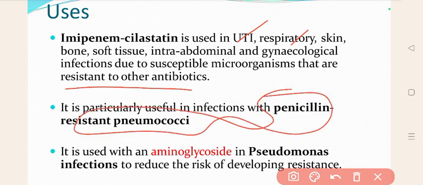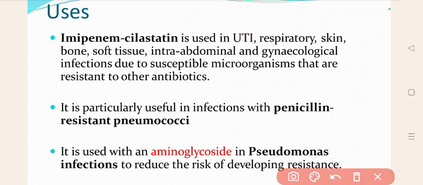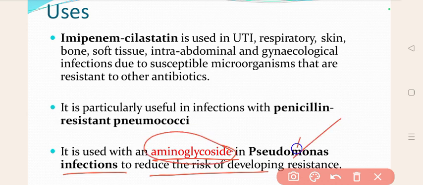Imipenem is effective against penicillin resistant pneumococci, and it is used with an aminoglycoside in Pseudomonas infection to reduce the emergence of resistance.